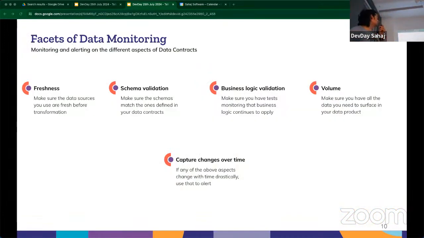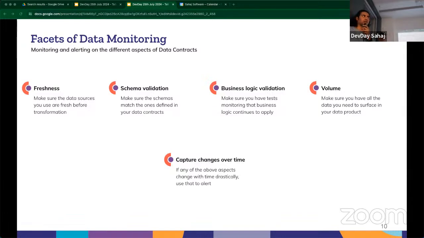And then there are different facets for data monitoring as well. There are some things that are different here compared to software. For example, freshness is another thing. When I started from a software engineering world, I never had to think about freshness of data. This is a facet of your data product. Whenever you're ingesting data from all your sources, you need to think about whether it has actually been updated and is fresh.